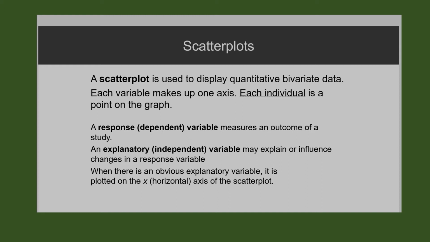That is, it displays the variables x and y. The x variable is the explanatory variable or the independent variable, and the y variable is the response variable or the dependent variable. So we take the explanatory variable on the x-axis and the response variable on the y-axis and draw or get the scatter plot.